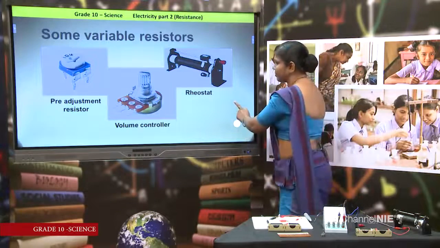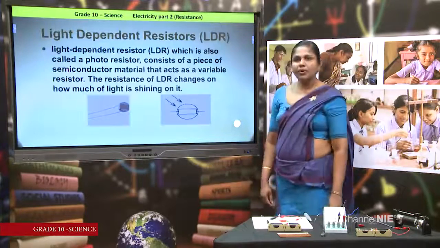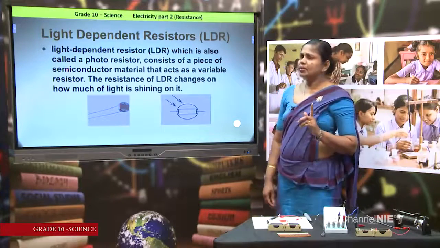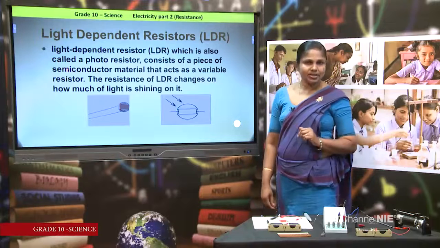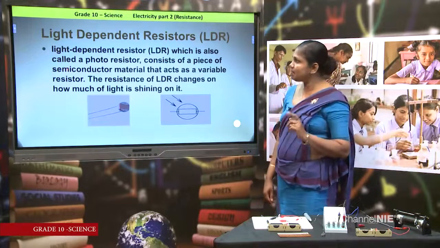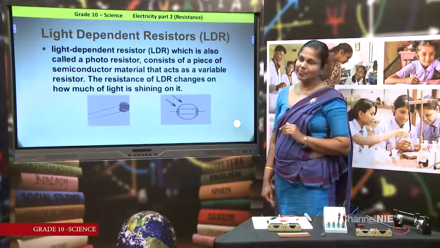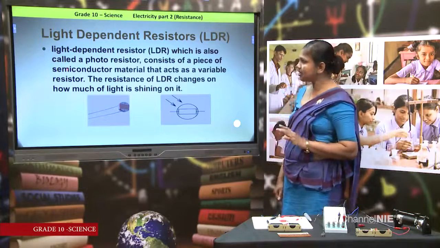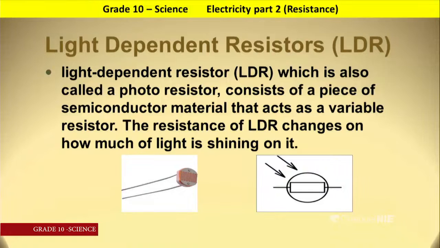Right, okay children. Now, we are going to talk about LDR or light dependent resistors. What are light dependent resistors, children?